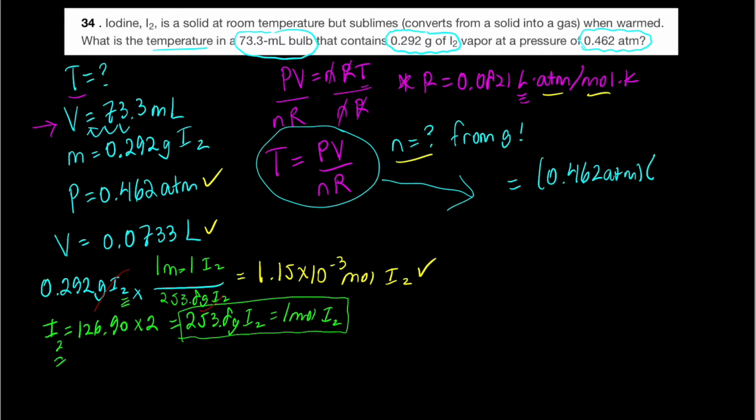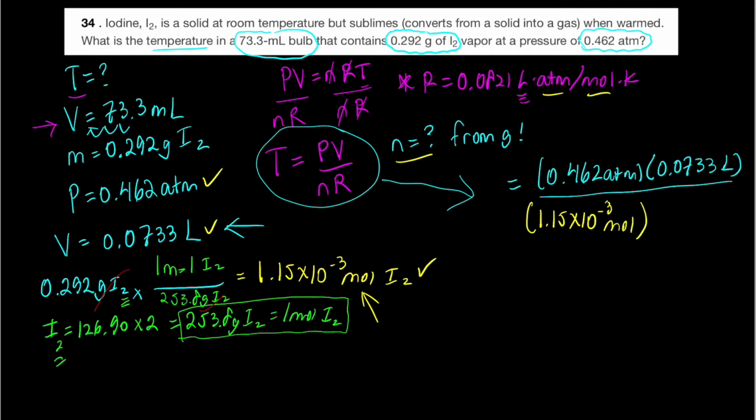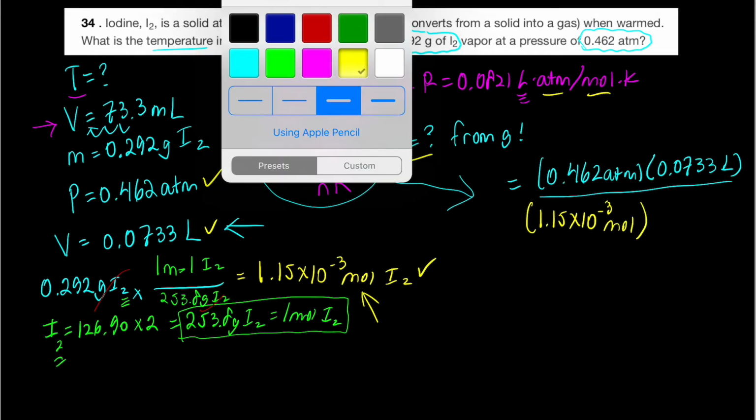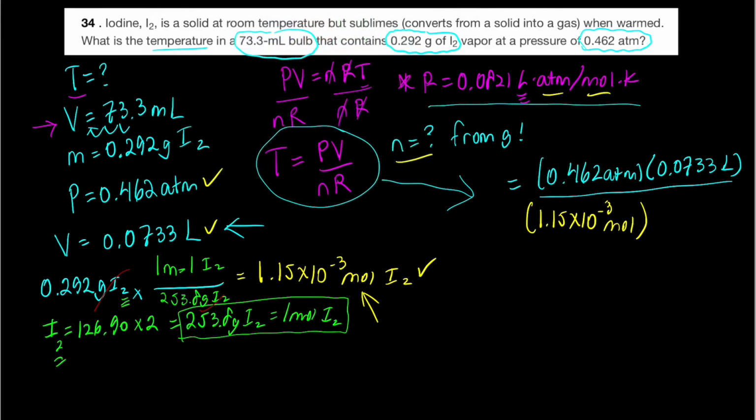The volume, we're going to use this number here in liters. The moles, we've calculated it. I'll make it yellow here so you can see where this number came from. It's the moles we calculated using the numbers off our periodic table. I'll write mol here, and then the R constant is up here.